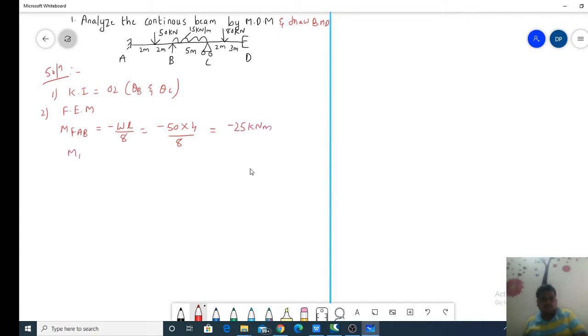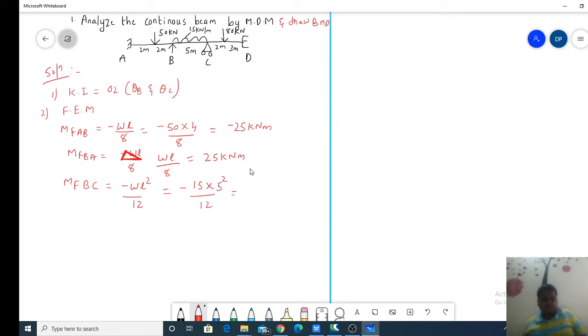Now similarly MFBA will be plus WL upon 8, so directly I write 25 kilonewton meter. Then MFBC is nothing but minus WL square upon 12. This is minus 15, L is 5, upon 12.